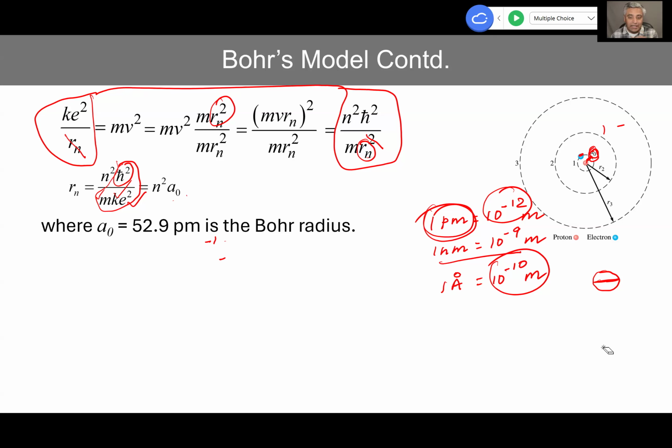A thousandth of a millimeter is a micrometer, and a thousandth of a micrometer is a nanometer, and a tenth of that nanometer is 1 angstrom. So you can imagine how small these atoms are. And with this theory, he was able to actually calculate the size, tell how big they are.